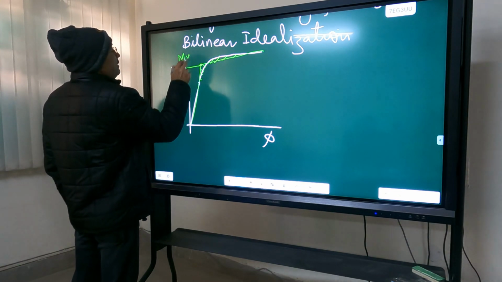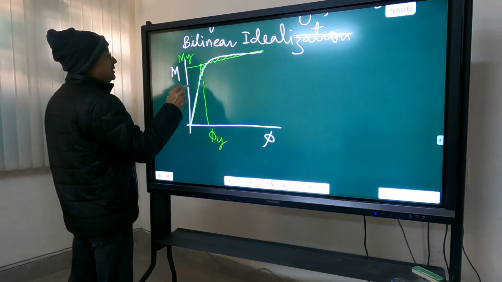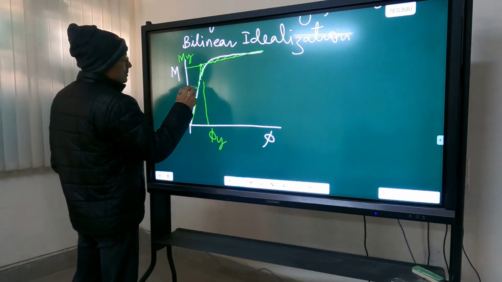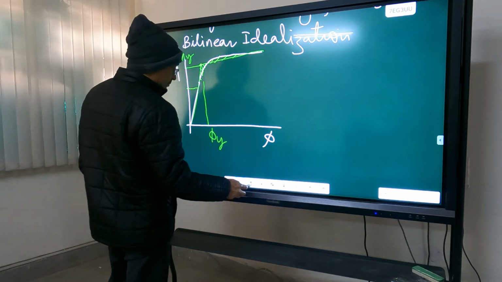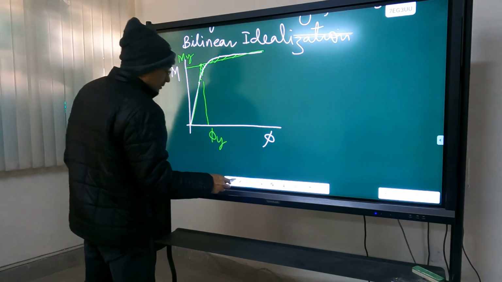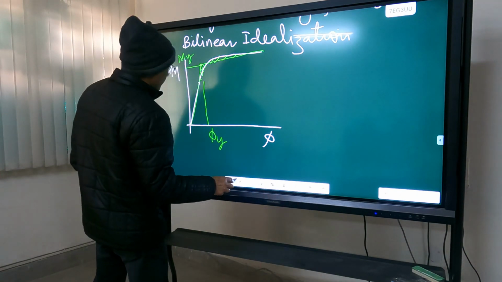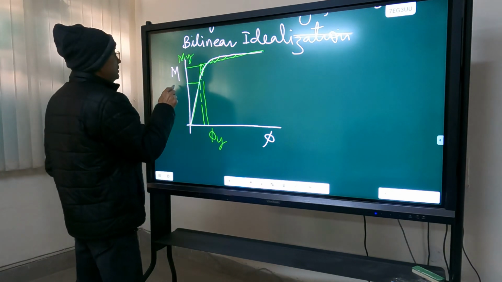This value we will call My and the corresponding curvature phi y. Okay. So this first line which I am drawing will pass through My dash, this first yield point.